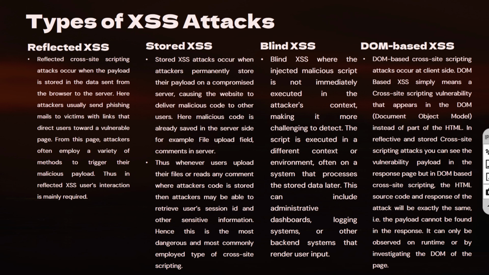Stored XSS, as compared to reflected, is more dangerous, because it is getting stored in a server. It occurs when the attackers permanently store their payload on a compromised server, causing the website to deliver malicious code to other users.